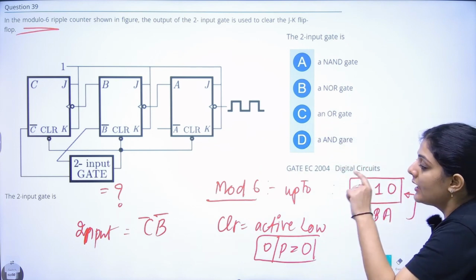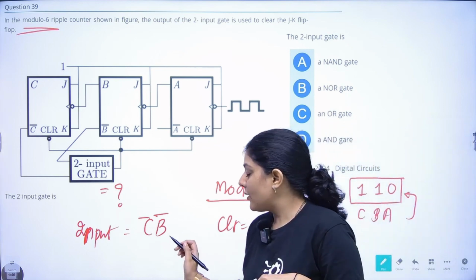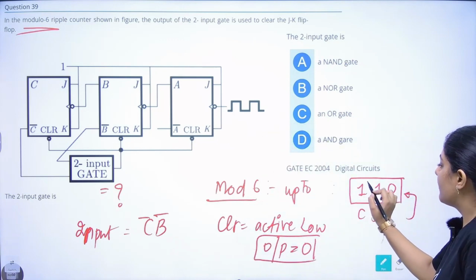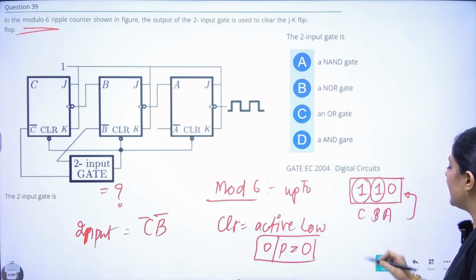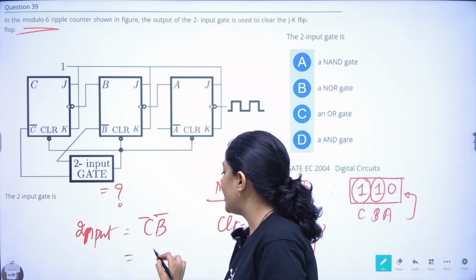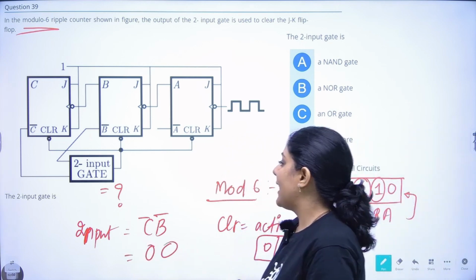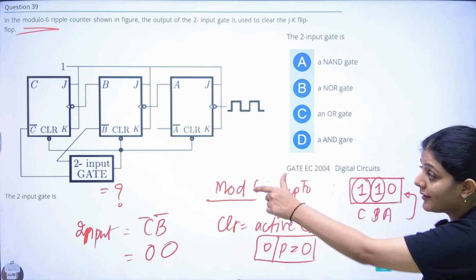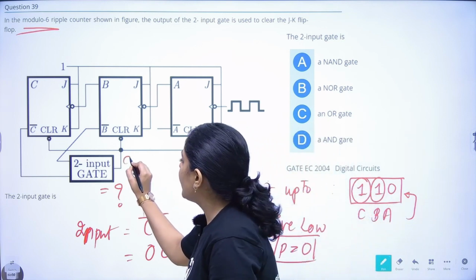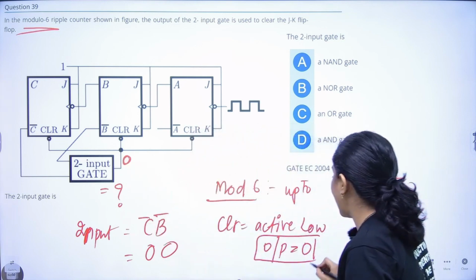So what should the values of C bar and B bar be in order to make this output 0? Because C and B values are 1 and 1, C bar and B bar should be 0 and 0. In order to make the output of that given gate equal to 0, we need the output here to be 0 because it is active low.